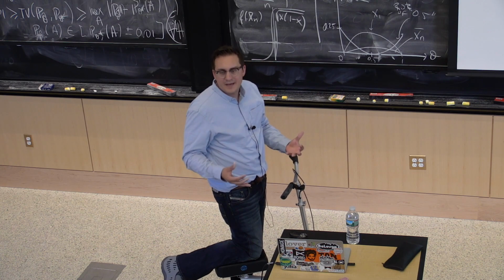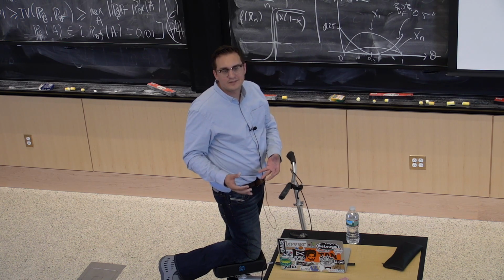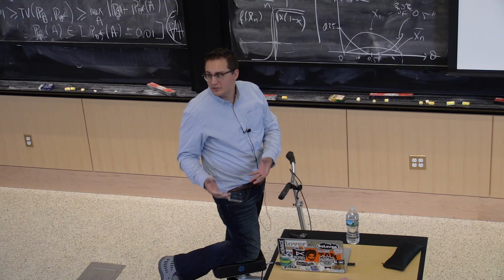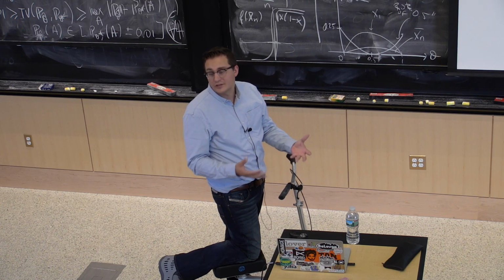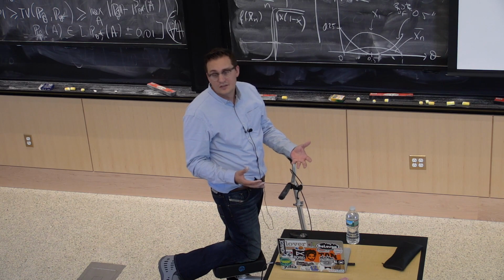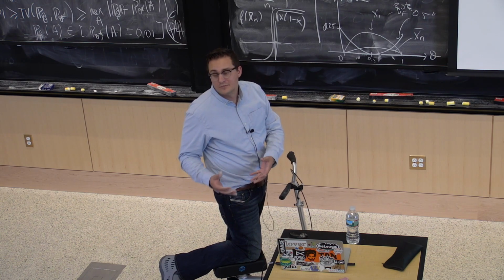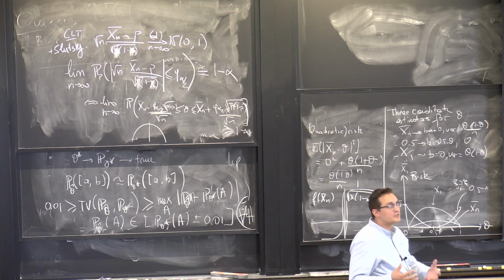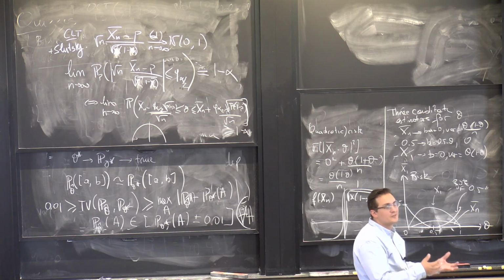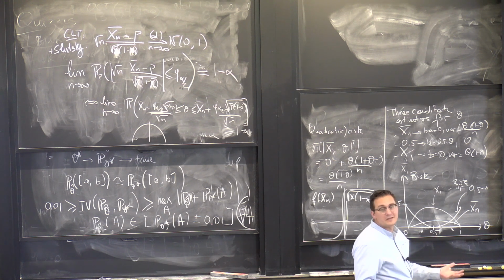It really doesn't matter. All it means is that when I talk about discrete, I will talk about probability mass functions. And when I talk about continuous, I will talk about probability density functions. When I talk about probability mass functions, I talk about sums. And when I talk about probability density functions, I talk about integrals. But they're all the same thing, really.